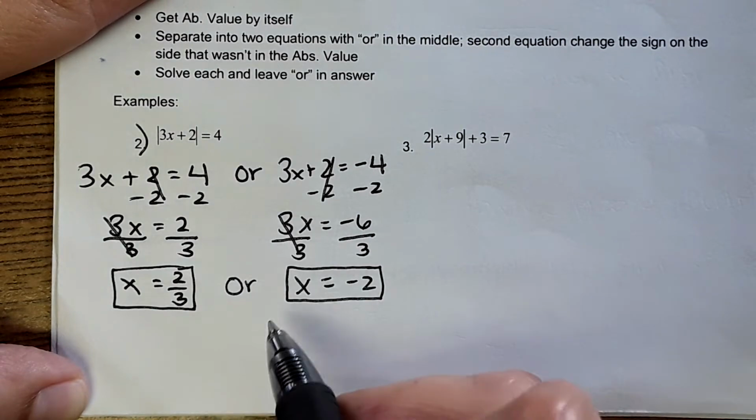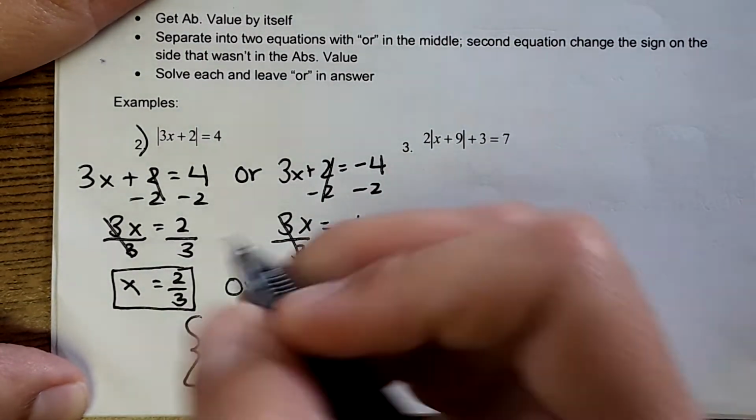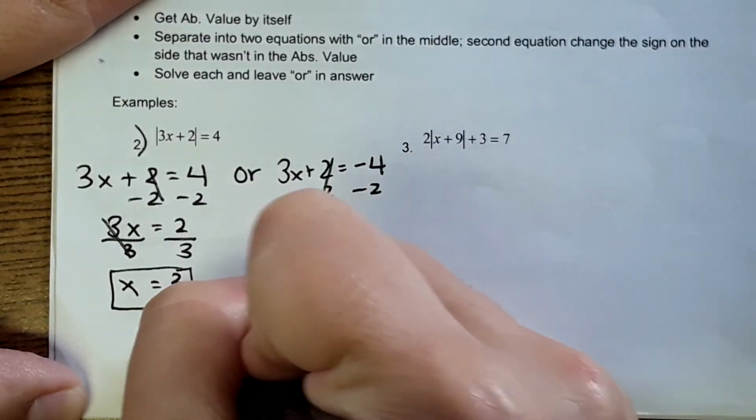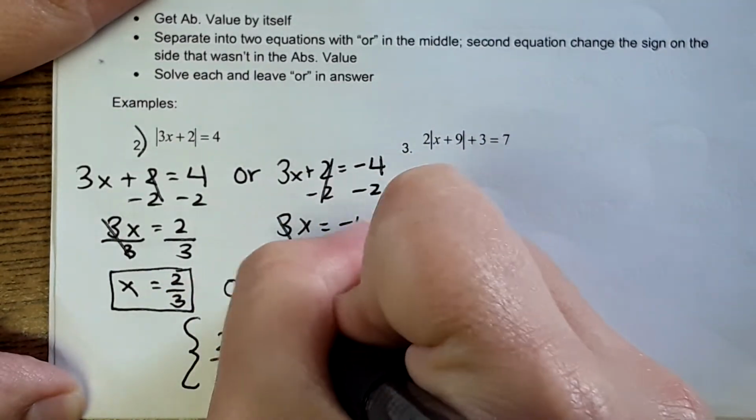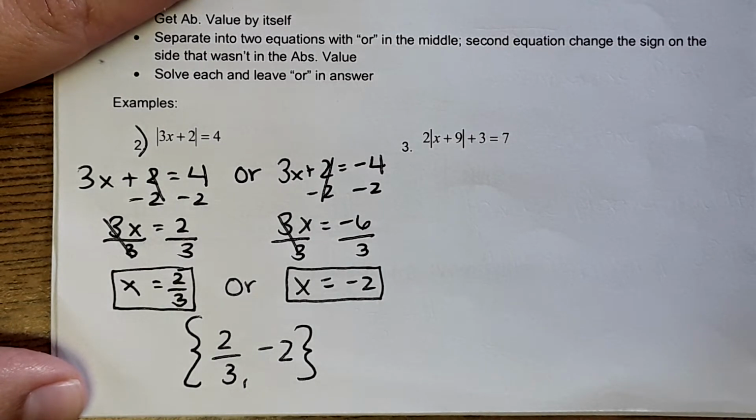So we get 2/3 or negative 2. And the way you would see this represented in the answer choices would be in brackets like this, 2/3, negative 2. So the answer could be either of those.